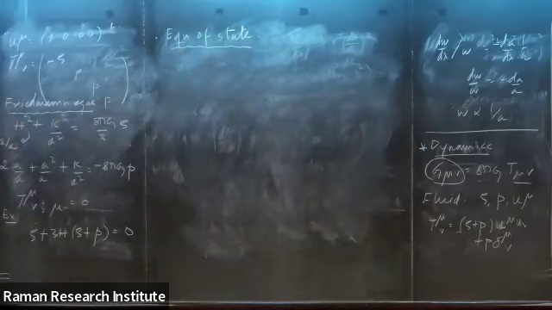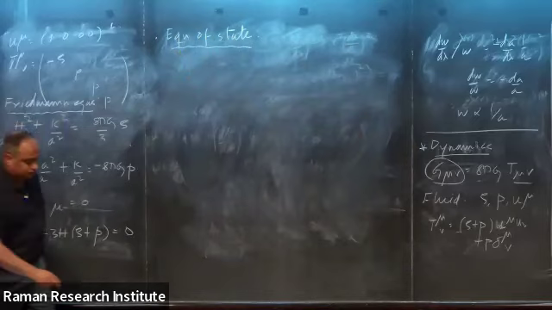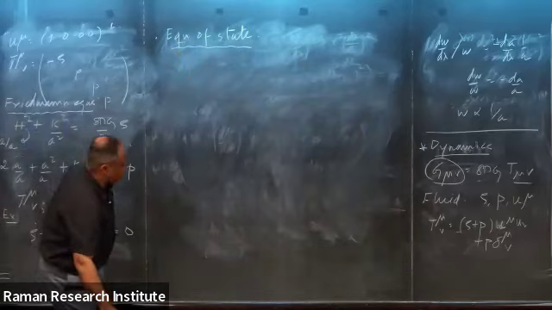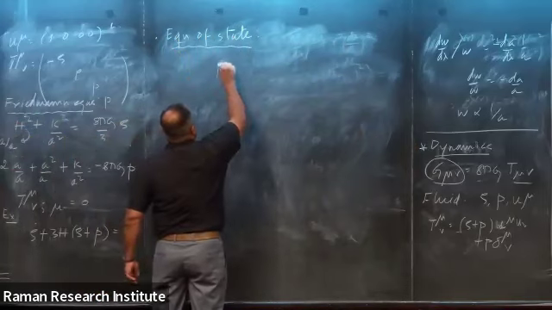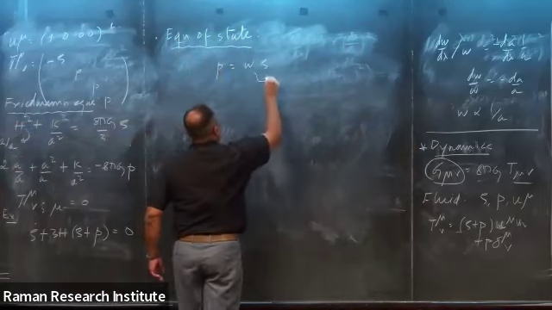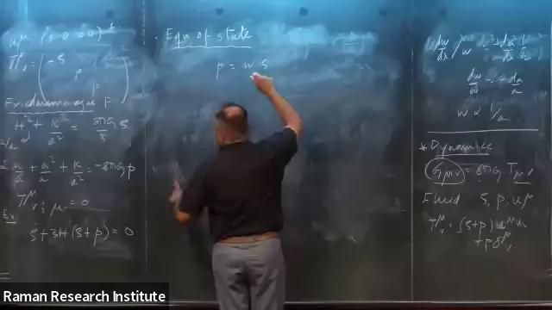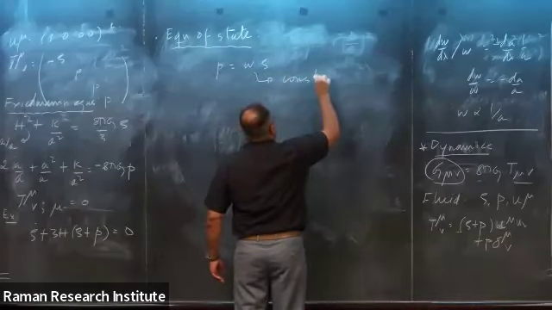Let me get another chalk piece. So what you do is as follows. You assume P equal to W rho, where W, this is W, not omega, is assumed to be a constant.